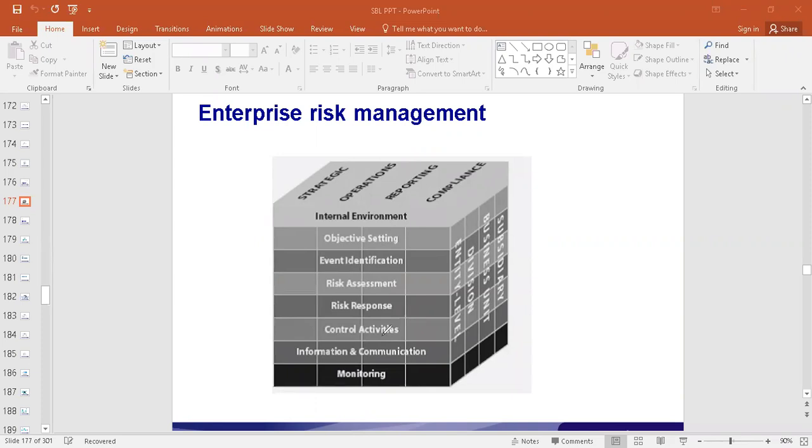Then gather all information relevant to the risk, how risk can be effectively managed. Gather all information and communicate that to the people in the organization as they implement the risk management process. Constantly keep monitoring how things are implemented. So that's the concept of ERM. I hope I made it clear.